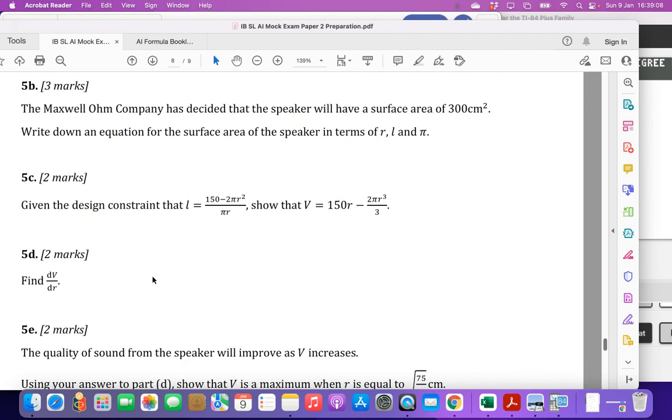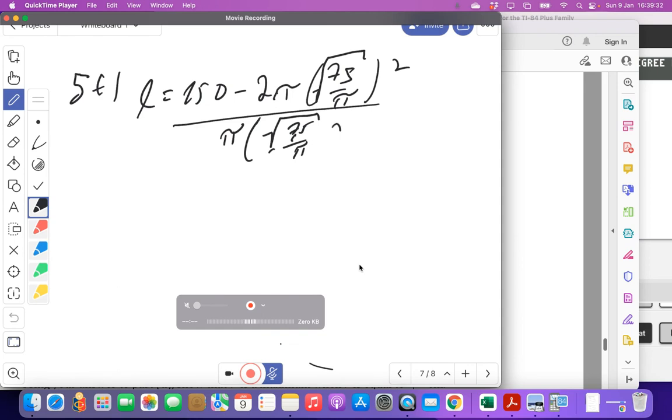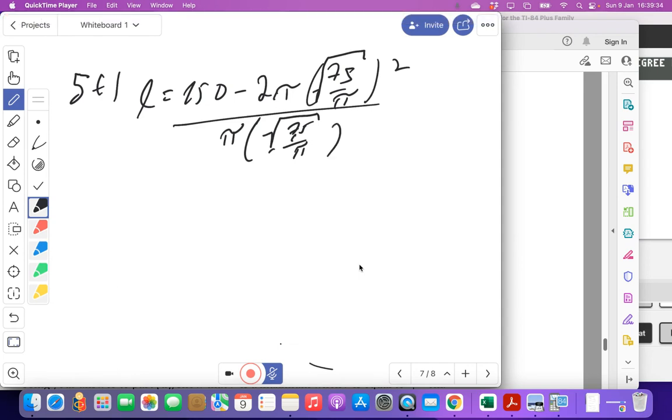I think that's the way I want to evaluate it. Oh, we knew that r was the square root of 75 over pi, of course. Okay, so that's what I'm going to put into my calculator and evaluate.